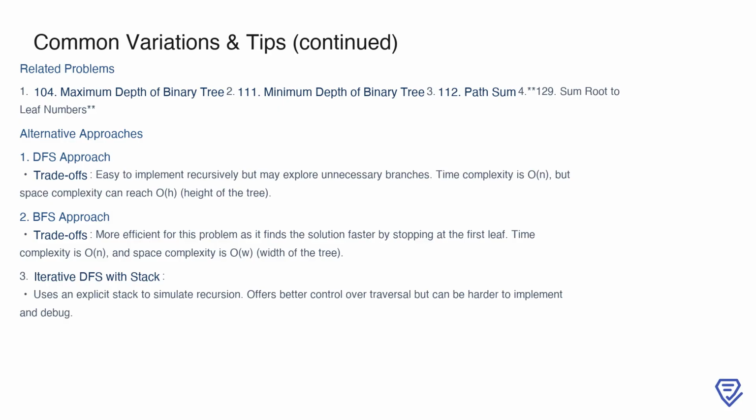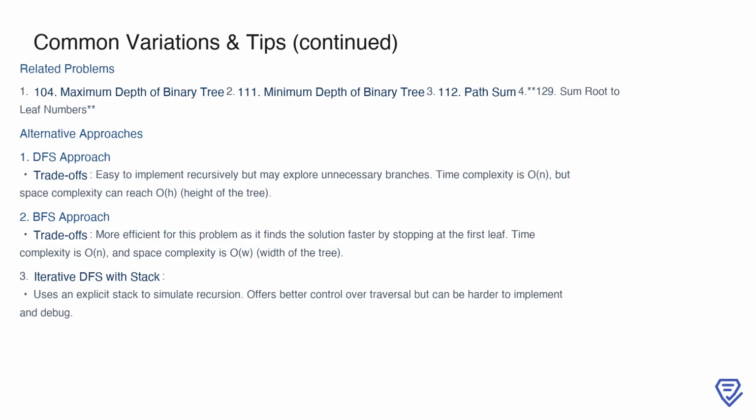When it comes to approaches, the DFS method is straightforward to implement recursively, but it can be inefficient since it might explore unnecessary branches. While the time complexity is O(N), the space complexity depends on the tree's height, reaching O(H) in the worst case. On the other hand, the BFS approach is often more efficient for minimum depth problems.